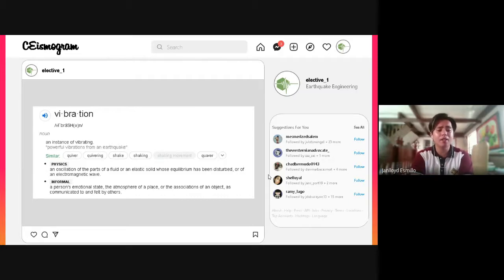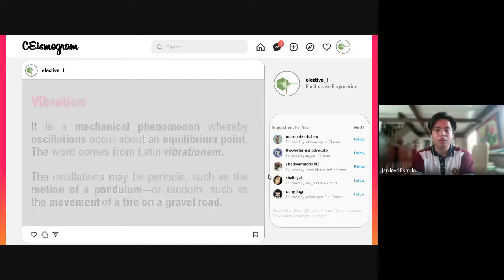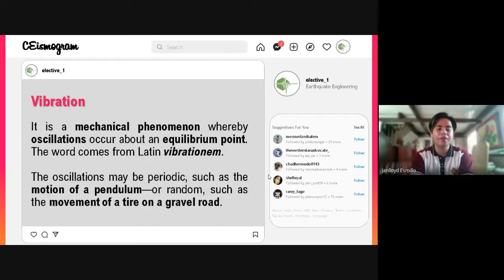So it's an oscillation of the parts of a fluid or an elastic solid whose equilibrium has been disturbed or of an electromagnetic wave. Giving you some definition, it is a mechanical phenomenon. So what do we mean by mechanical phenomenon? Mechanical means, di ba, it is related into motion.